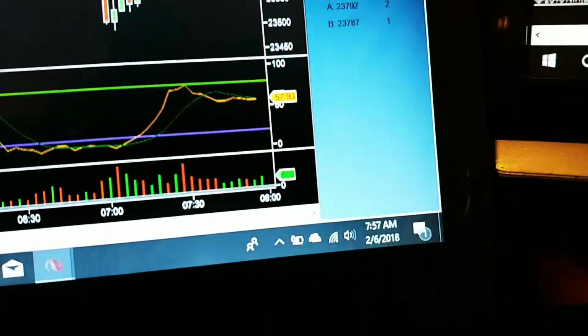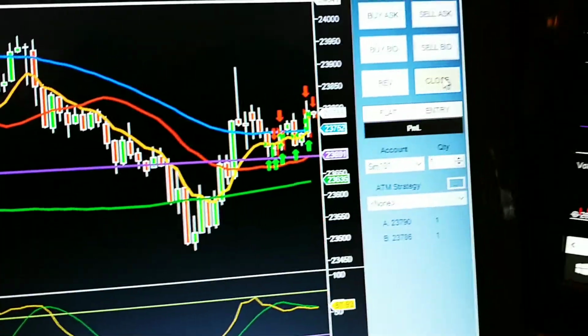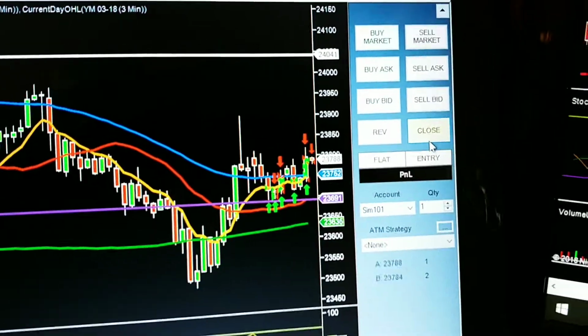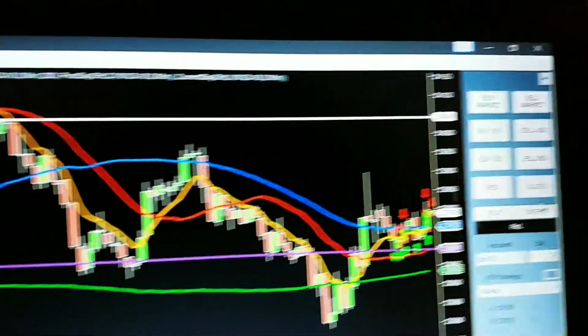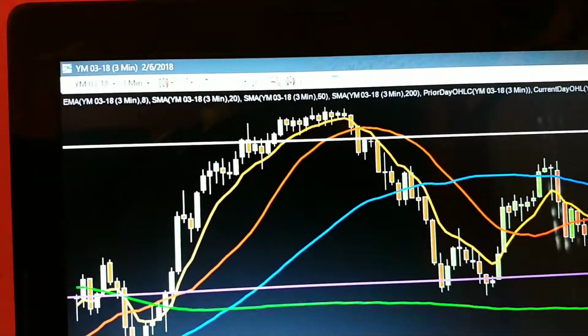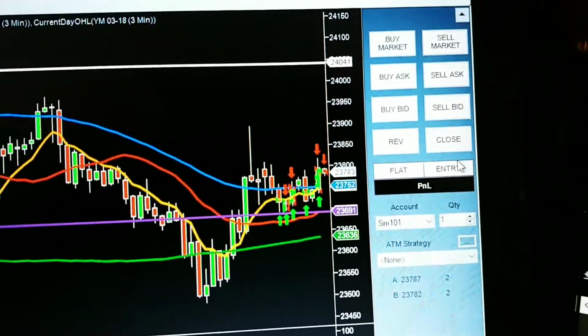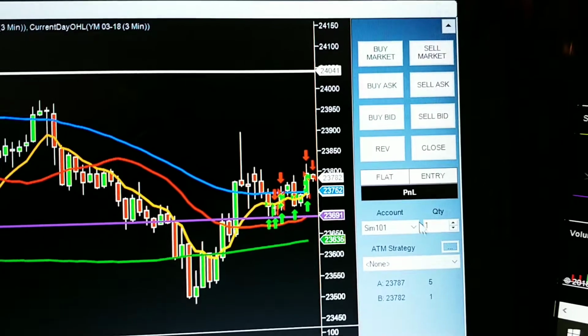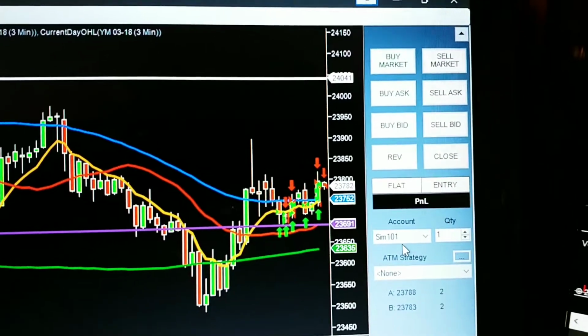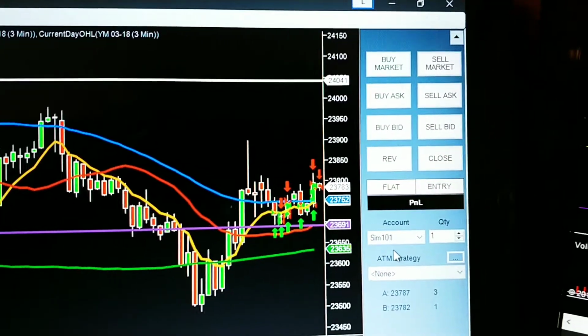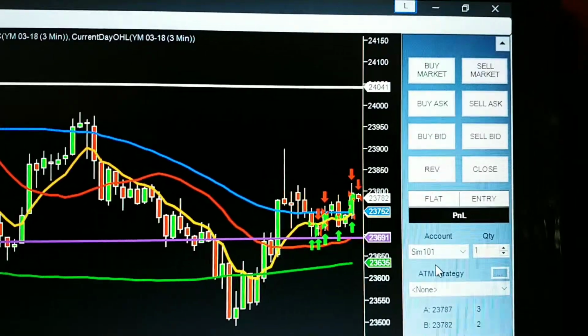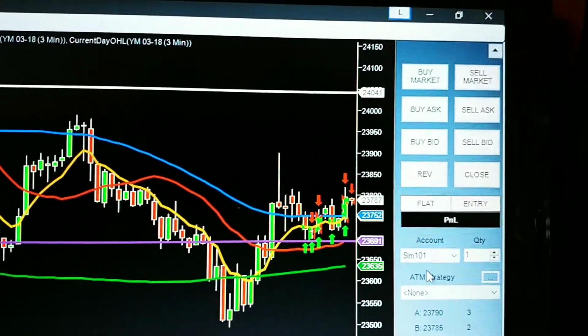So this market is wicked right now, but as you can see, you can make a lot of money real fast, but the market moves so fast, so you can actually lose a lot of money fast too. So that's the thing about trading in this volatile market right now. It's a risk. You can make a lot of money real fast, but just like you can make it, you can lose it real fast.